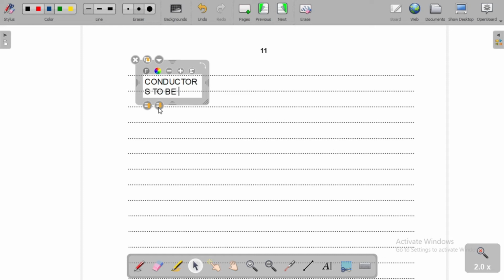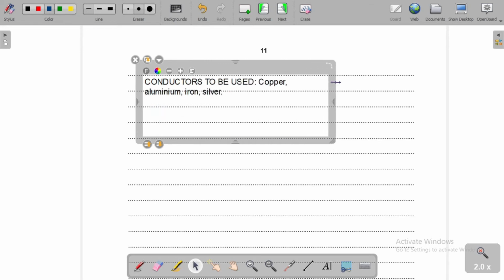Conductors to be used. Let's see. We have copper. These are good conductors. Aluminium, iron. Three is enough, but I can add another one, silver. So once you've stated this, you've got your 1 mark.